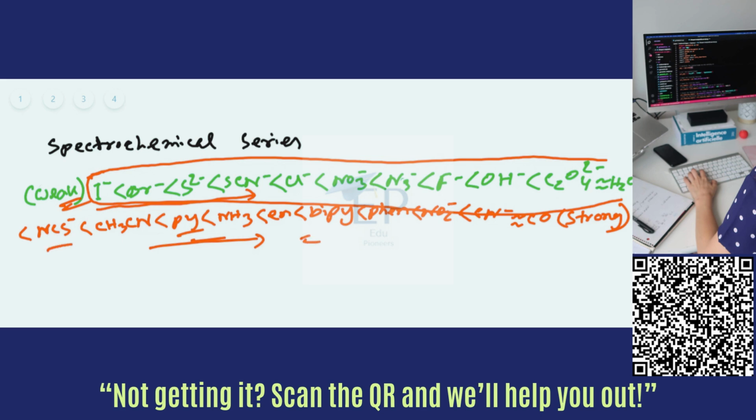So for example, if we have a complex of Co(H2O)6 3+, that means that this H2O is here. That means that this is a weak field ligand, and since the ligand is weak field, the complex will be high spin.